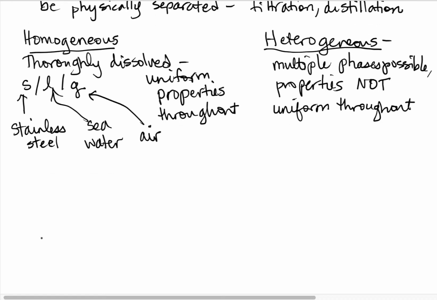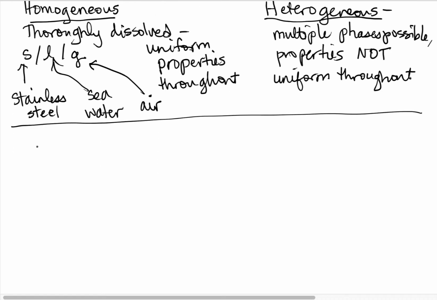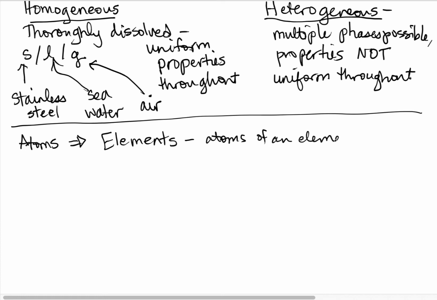Okay, so a few other reminders. We know that if we have atoms as our fundamental sort of particle of matter, it's not the smallest one or anything, we can continue to separate them, but we have elements made up of individual types of atoms that are unique to each of those element types. And the atoms of an element will behave in distinct ways that are different from other elements.